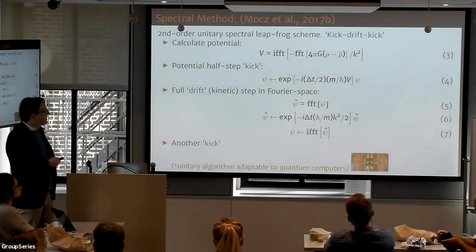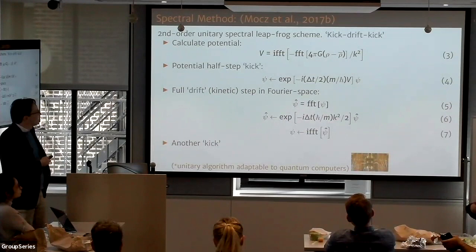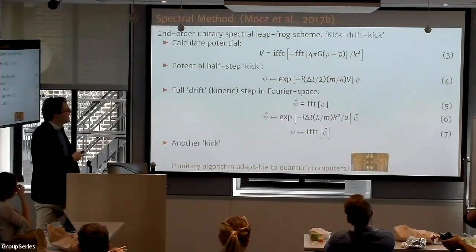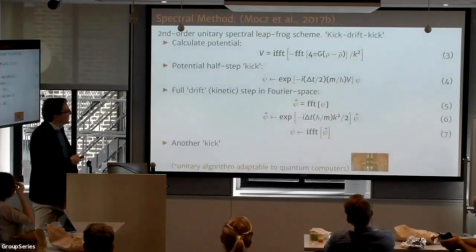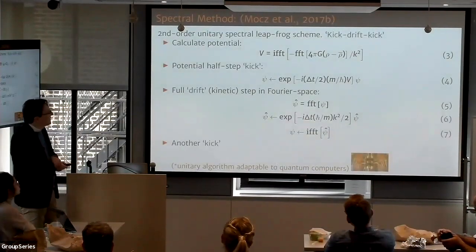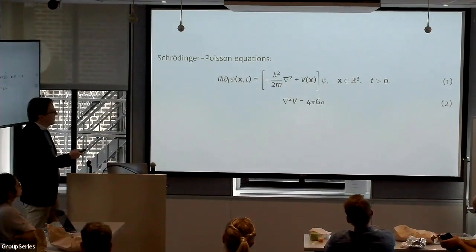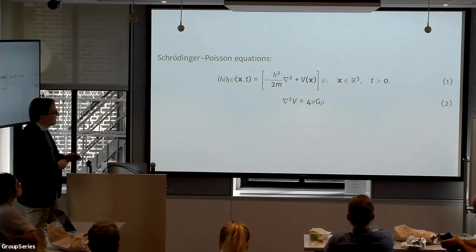Okay, so I'd like to point out that this is actually a linear equation. If your potential is not prescribed by the self-potential, then it's a linear equation, and in such a case you can actually find exact solutions, exact advections.